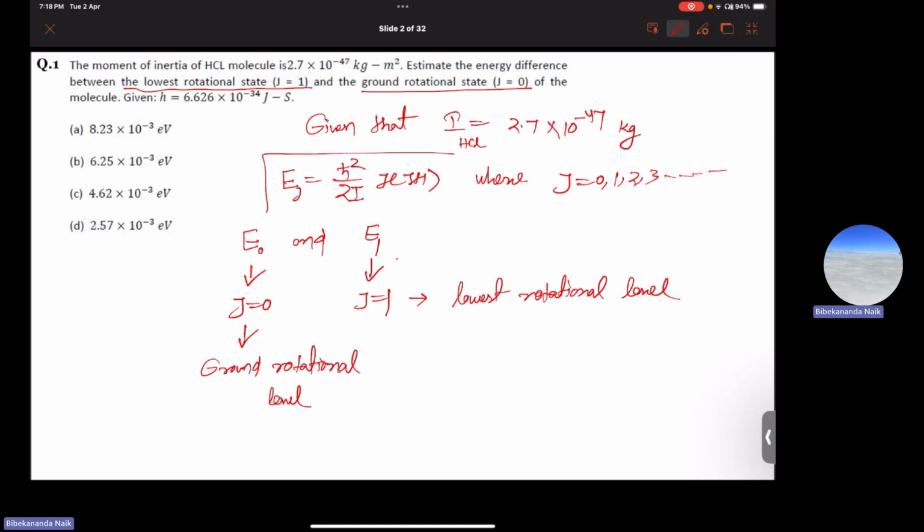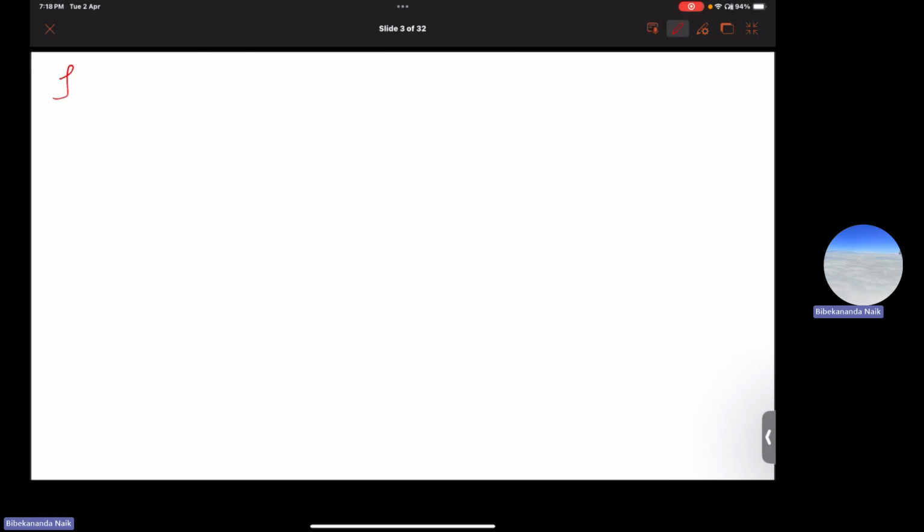And this is the expression for the energy of the rotational level having value J. So for J equals to 0, we have E0 equals to h cross square divided by 2I, 0 into 0 plus 1, which will be 0 only.